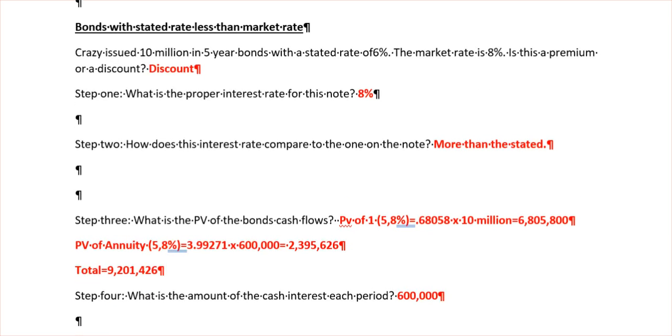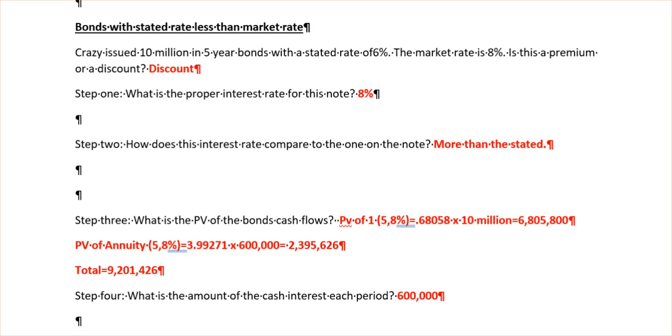Here we have another problem that you can work through, which has bonds. The bonds in this instance are those that have a stated rate of 6% and a market of 8%.